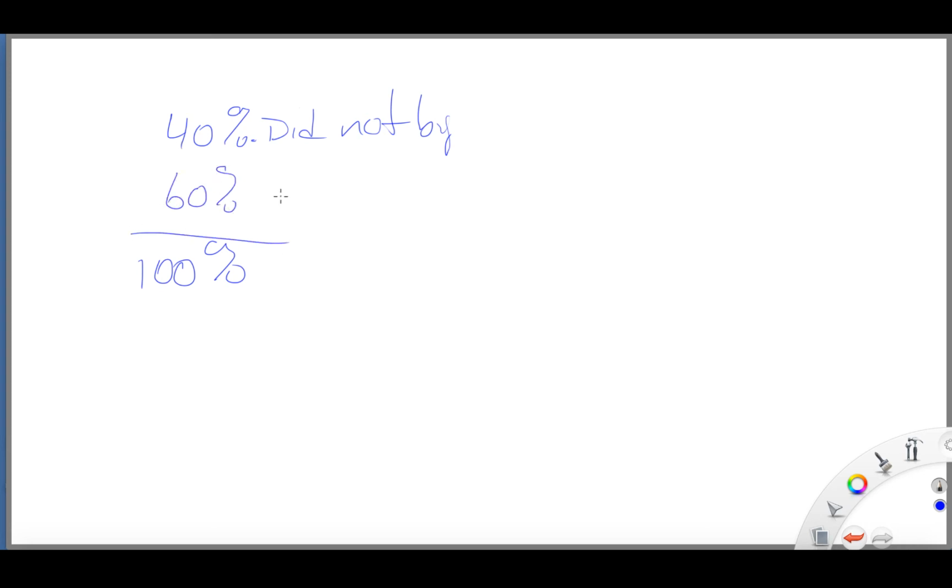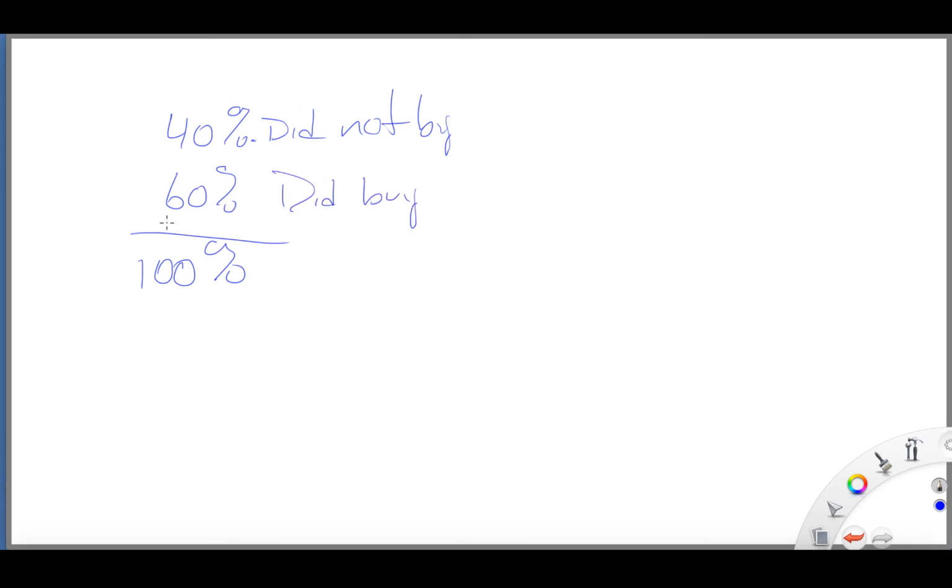So 40% did not buy. If we have a total of 100%, how many did buy? Well, what plus 40 equals 100%? So 60% did buy.